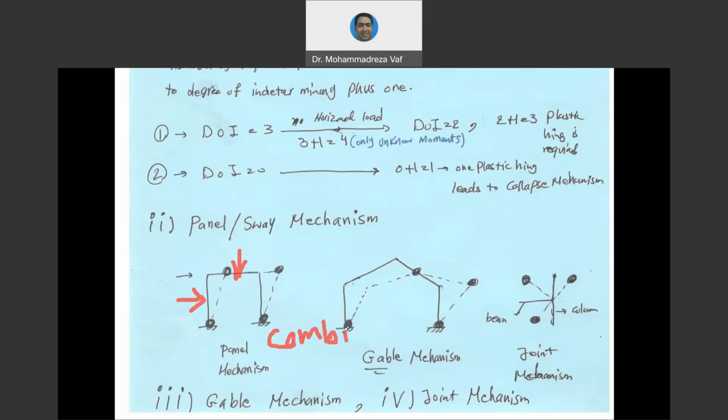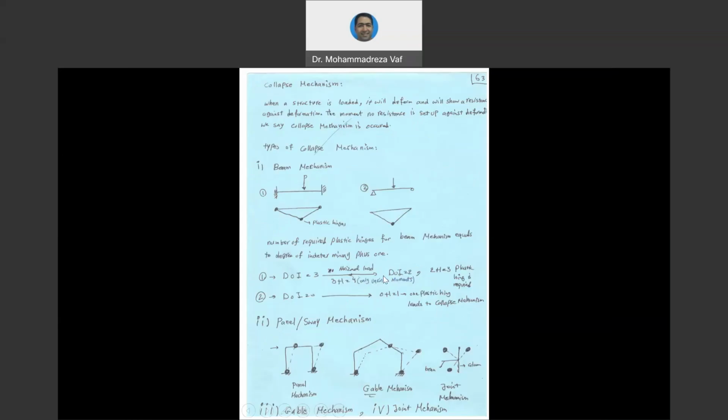What does it mean, combined mechanism? Combined mechanism means a combination of sway and beam or column mechanism. So again, for that case, you also need to have 4 hinges to make your structure collapse.